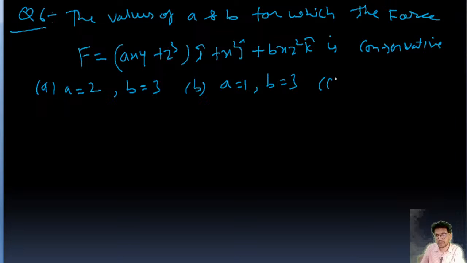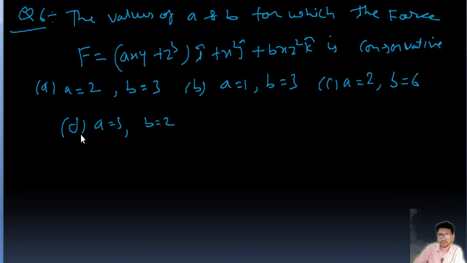Option C is a equal to 2, b equal to 6, and option D is a equal to 3, b equal to 2. Okay, so these are the options. Very simple question. So question is the value of A and B you need to find out, for which this force is conservative.